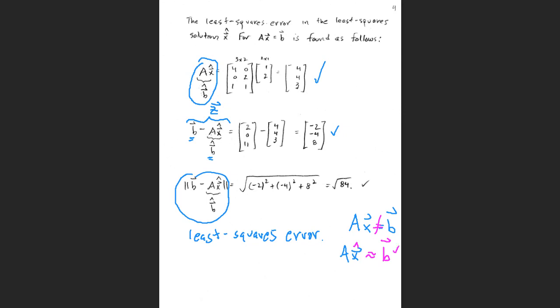That's what we're doing here. And the best approximation would be the approximation that makes the difference between the vector b and A x hat as small as possible. And that's called your least squares solution, x hat. And then that gives you your least squares error.